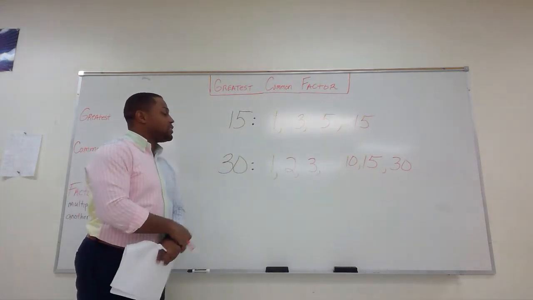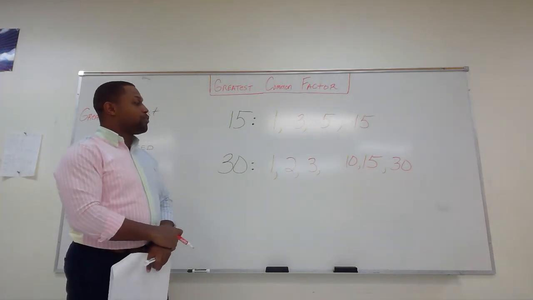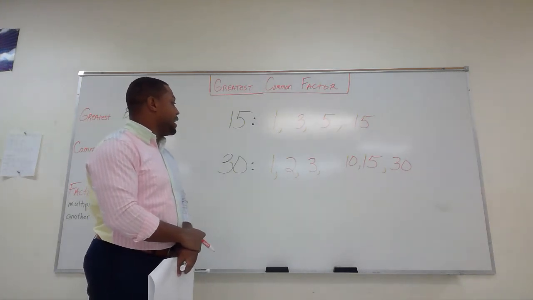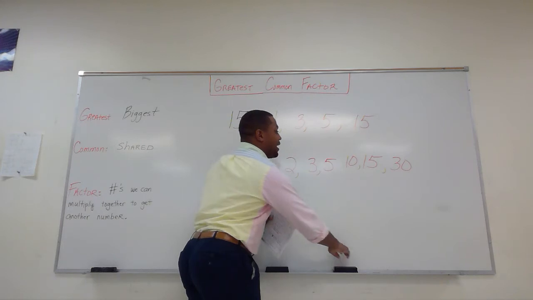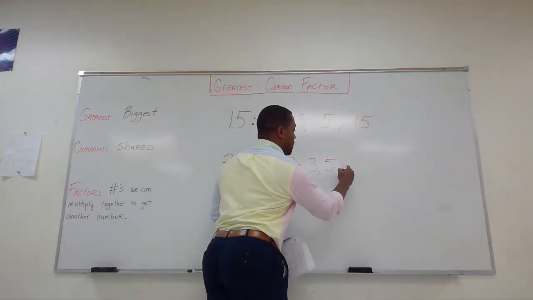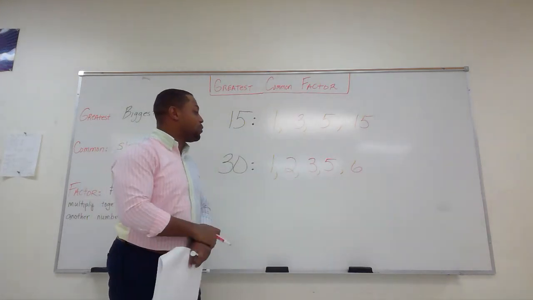And so that means 10 is a factor as well. So 1, 2, 3, 4 times anything, 5 times anything, yes. 5 times 6 gives me 30. So 5 and 6 are both factors.